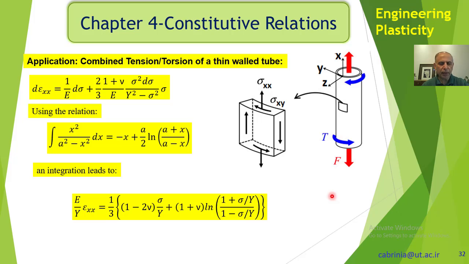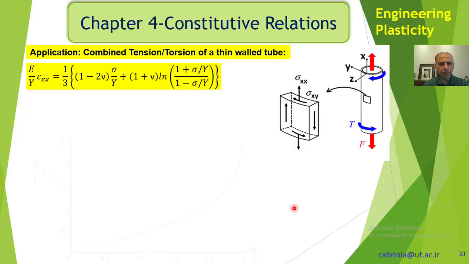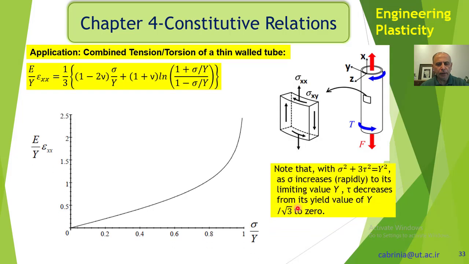That is for perfectly plastic material, not for strain hardening material. We could get another relationship for strain hardening material, but here we have assumed a perfectly plastic material. And if we plot this epsilon xx and sigma, we get something like that.